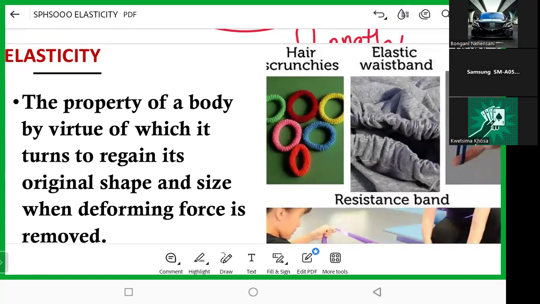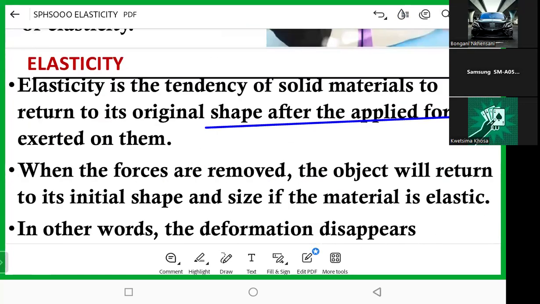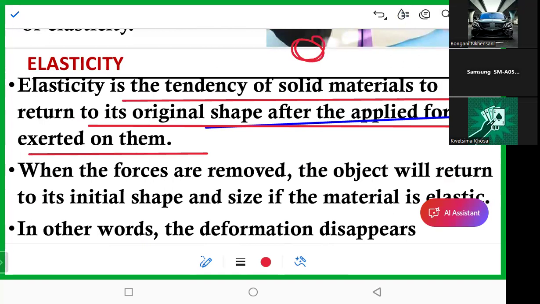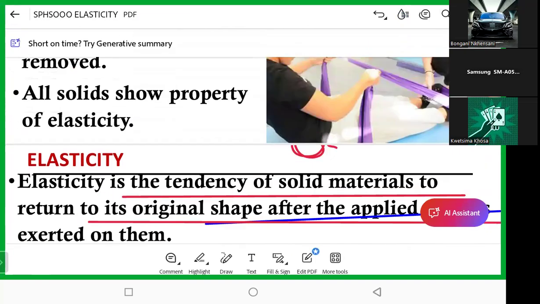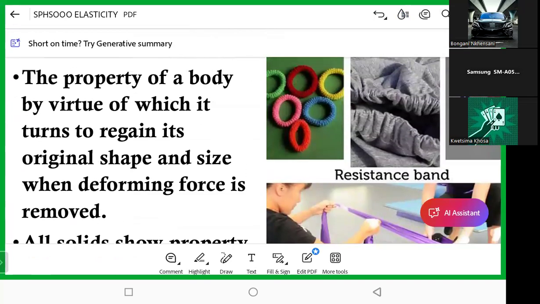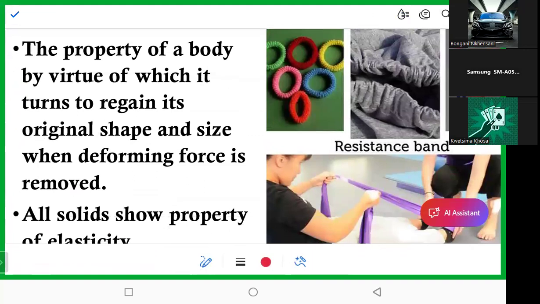Here we have the definition for elasticity. Elasticity is the tendency of a solid material to return to its original state after the applied force is exerted on it. So you have an object, and once you apply a force on that object, let's say it's a sponge, it will change shape, but the moment you release the sponge and stop applying the force, it will return to its original state, just like this ribbon here.